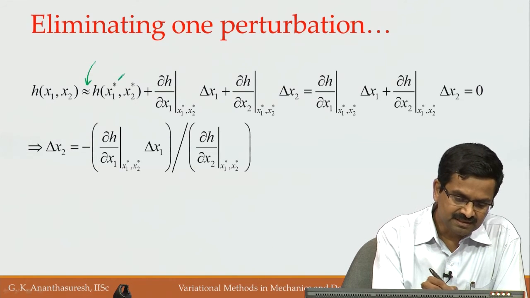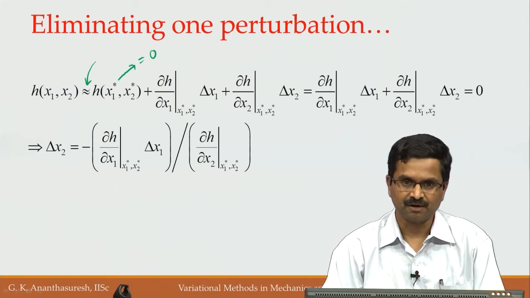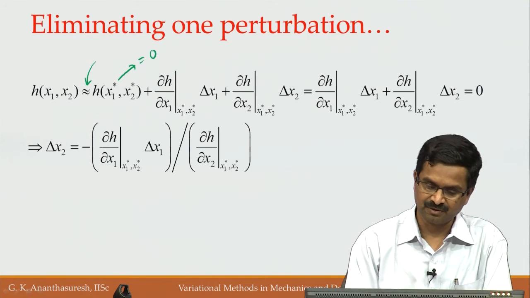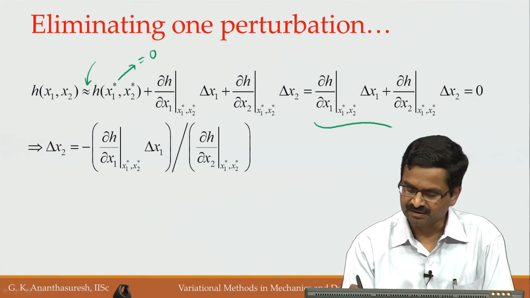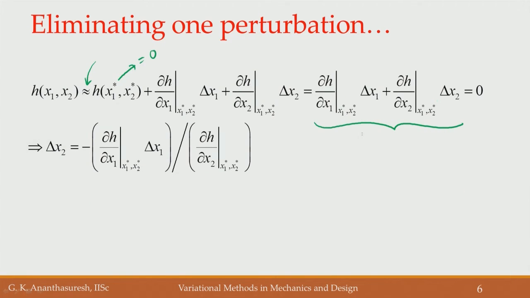Now, the 0th order term is 0 anyway, because if x 1 star x 2 star is an optimum, it must also satisfy the equality constraint. So, that is 0. What we are left with are these two terms, the first order terms in the two variable case, and the sum of these two terms should be equal to 0.